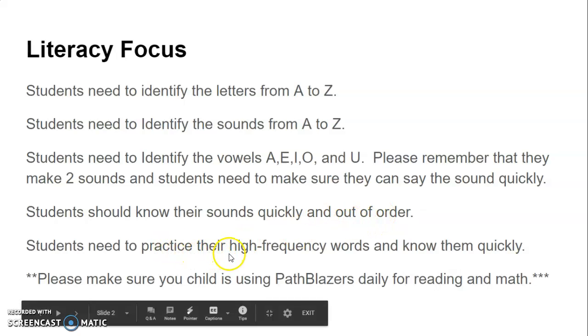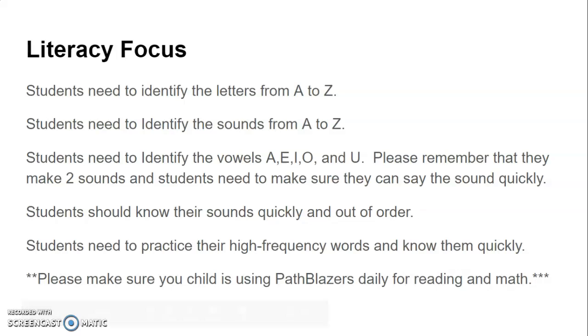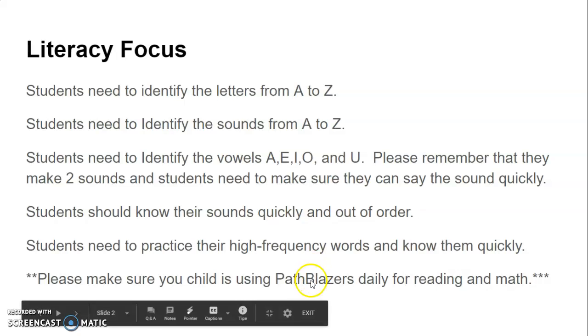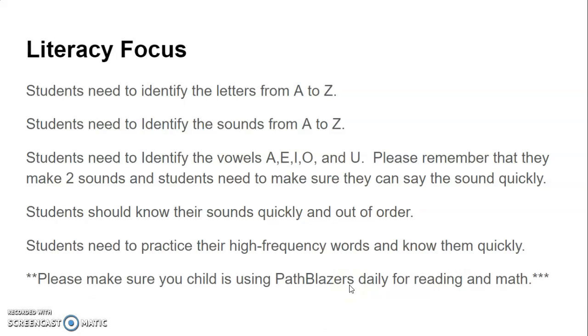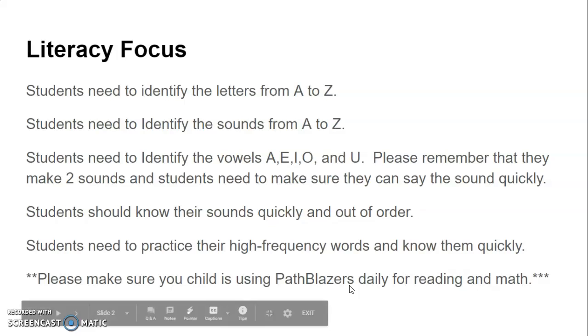Also, practicing high frequency words, and we'll practice a little bit before the video is over. Make sure also that you're doing your Path Blazers online through your apps through Fort Worth ISD, and it's reading and math. And then also they've added one for reading that we'll talk about in just a minute.